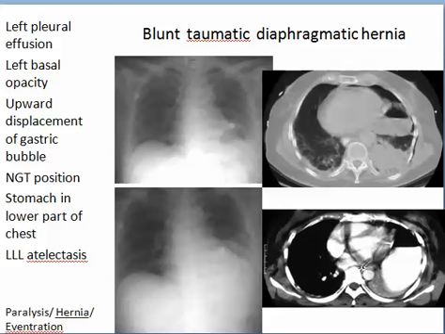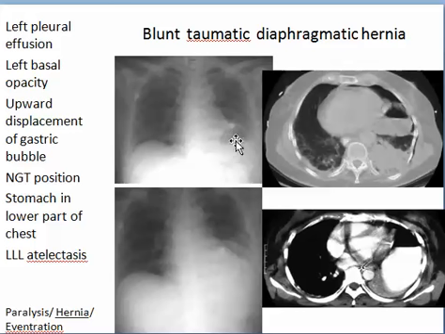This is blunt diaphragmatic hernia, in which we can find left pleural effusion, left basal opacity, and upward displacement of the gastric air bubble because of the defective diaphragm. The NGT inserted in the stomach is seen in an upward position in the lower part of the chest.